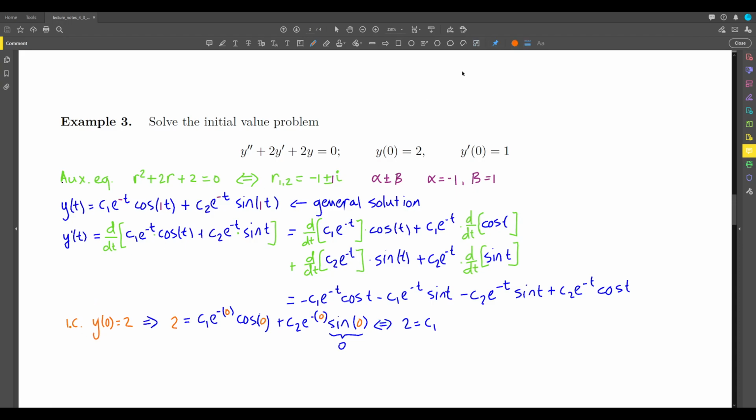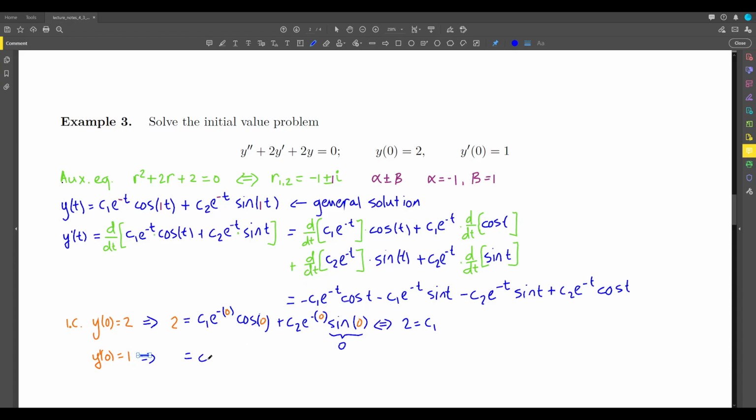Now, the next initial condition is that y prime of 0 equals 1. And that means that we have 1 equals, and now we have to plug it into this guy over here.